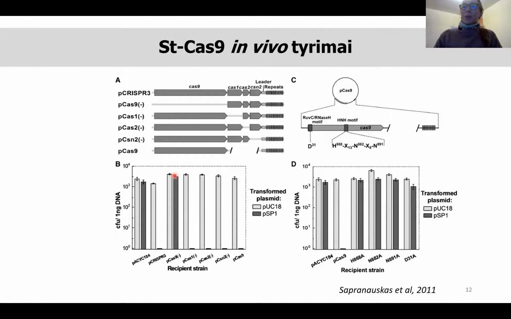In this way, the scientists showed that Cas9 is a single protein that is important to guide the CRISPR region and target the plasmid. There are many details here, so maybe I can provide the slides and you can look at them after the talk, because it's all published data that I present.